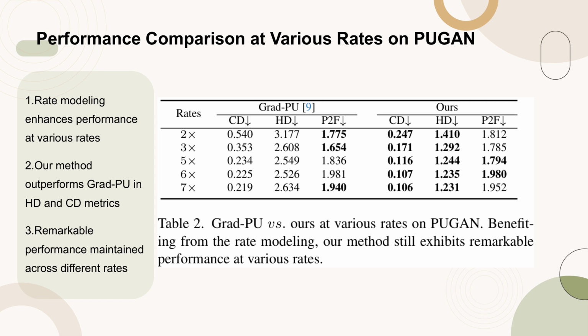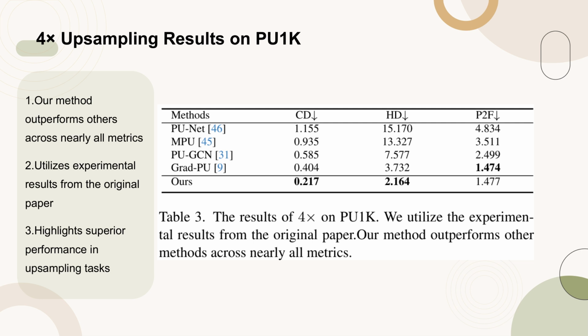This indicates that our approach effectively leverages rate modeling to maintain high performance, even when scaling the point cloud upsampling process. Table 3 presents the results of 4 times upsampling on the PU1K dataset, utilizing experimental results from the original paper. Our method demonstrates superior performance, outperforming other methods across nearly all evaluated metrics.